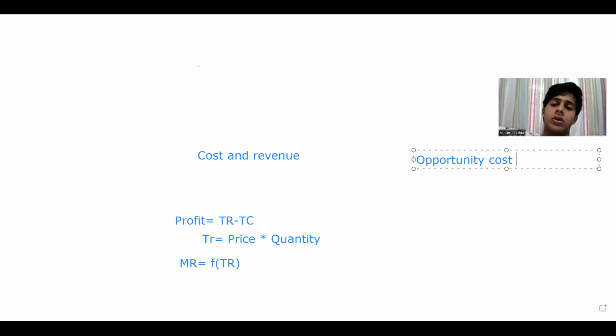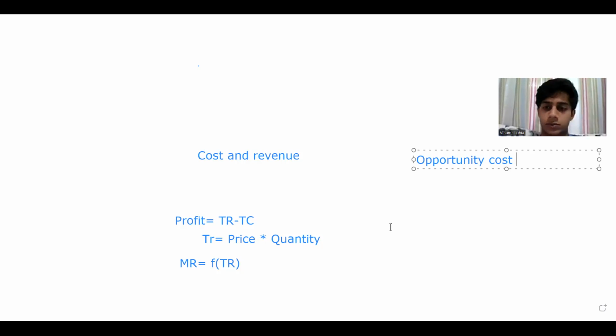For example, the 40 minutes which we are devoting to this economics refresher course can also be used productively for another subject as well. Is that right? So that is known as the opportunity cost. There'll be a proper definition for it. I'll go through it in the book, which I'll be sharing later.